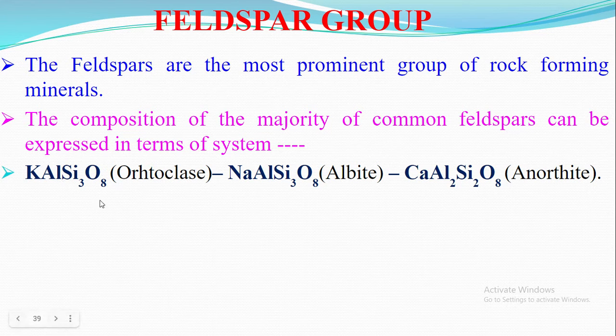You have the SiO4 tetrahedron, then you have the potassium, aluminum, sodium, calcium. These are the cations.